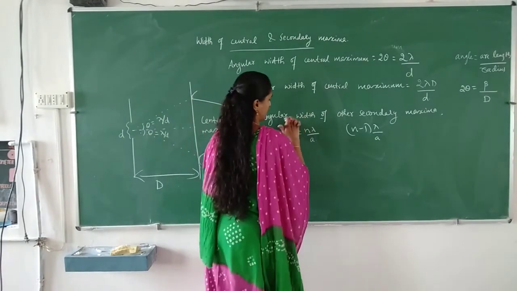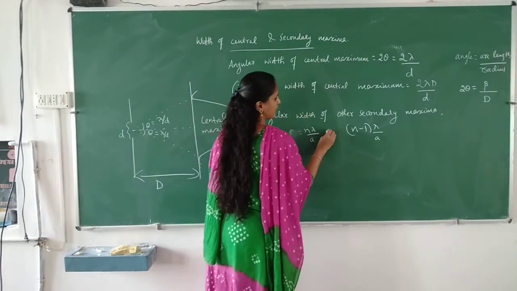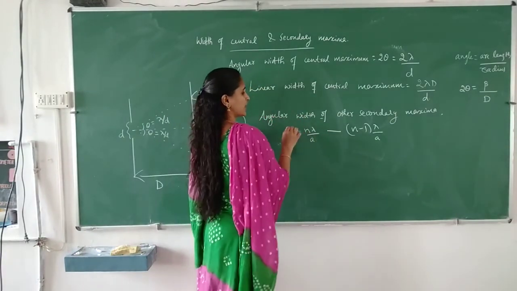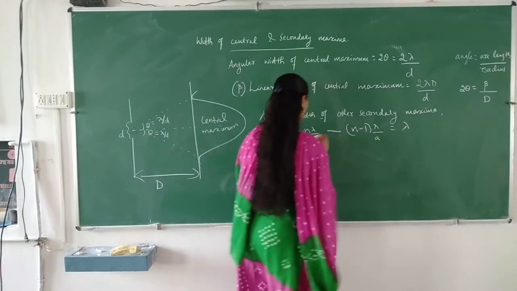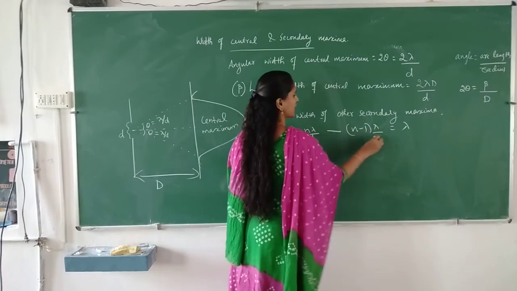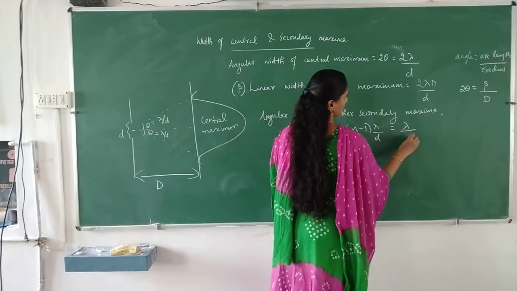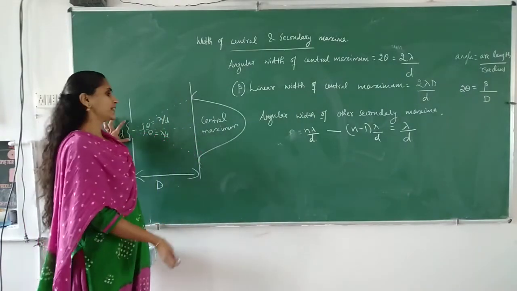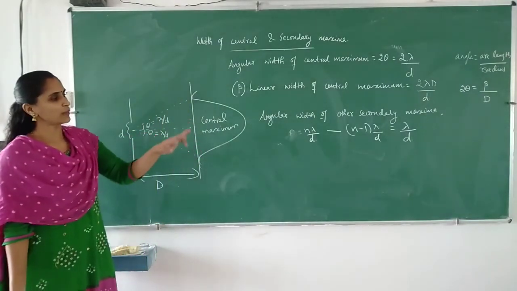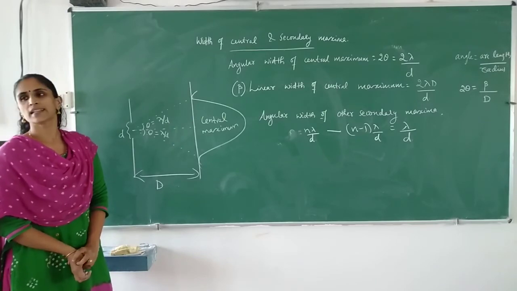So theta equals n lambda by a minus (n minus 1) lambda by a. Sorry, not a, here we have considered the width of the slit as d, so we will get n lambda by d minus (n minus 1) lambda by d, which gives lambda by d.